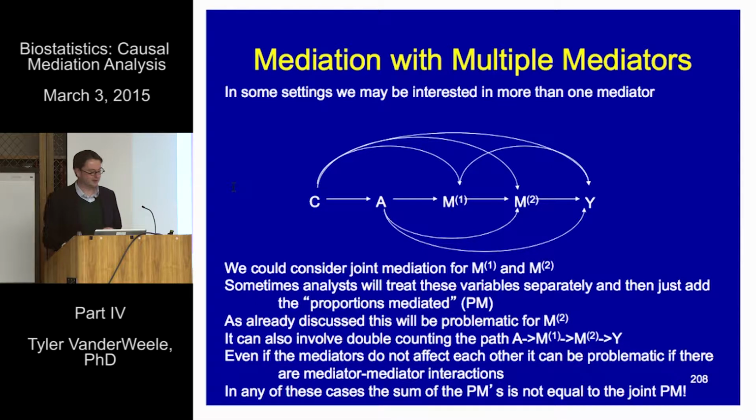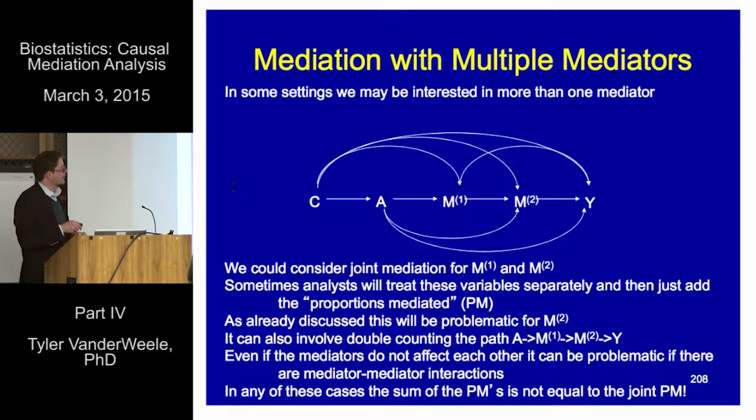It's problematic first because with regard to that second mediator, if the mediators affect each other, that second mediator, if we did it one at a time, is going to violate our fourth assumption because we've got M1, which affects our mediator of interest, M2, and the outcome, and is itself affected by the exposure. So we're going to run into problems if the mediators affect one another and we do them one at a time and just add up the effects.